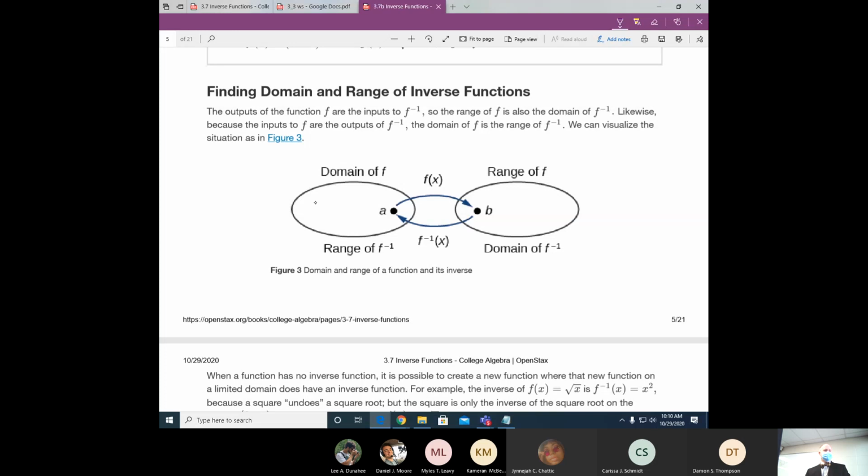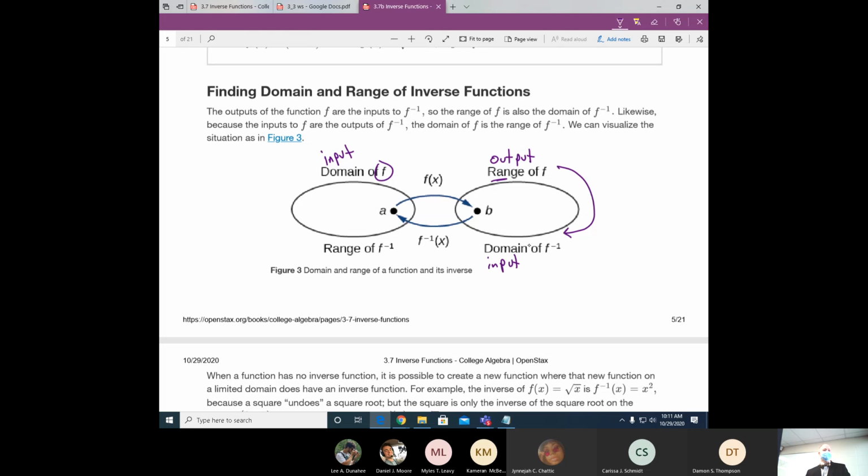So this is that in diagram form. The numbers that can be fed into f, remember that's the input into f, have some range of f. That's my output of f. For the inverse function, the output of f becomes my input of f inverse.